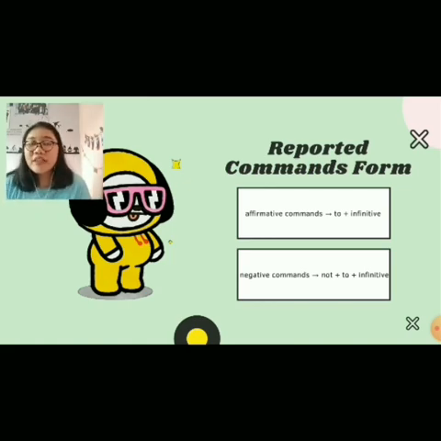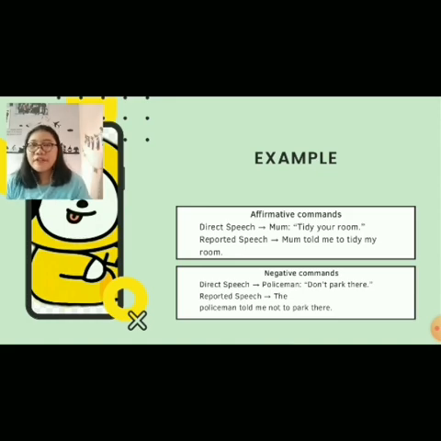Reported comments form: for affirmative comments we use to plus infinitive, and for negative comments we use not plus to plus infinitive. For example, the first, affirmative comments. The direct speech is, Mom said, tidy your room.